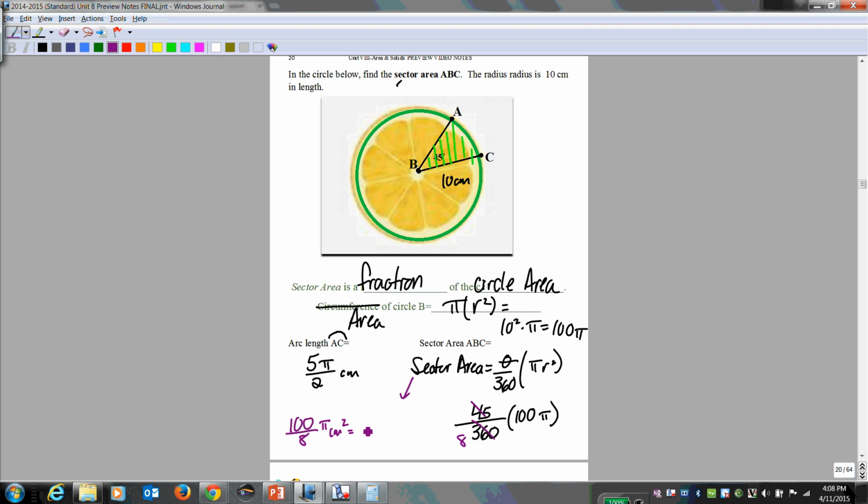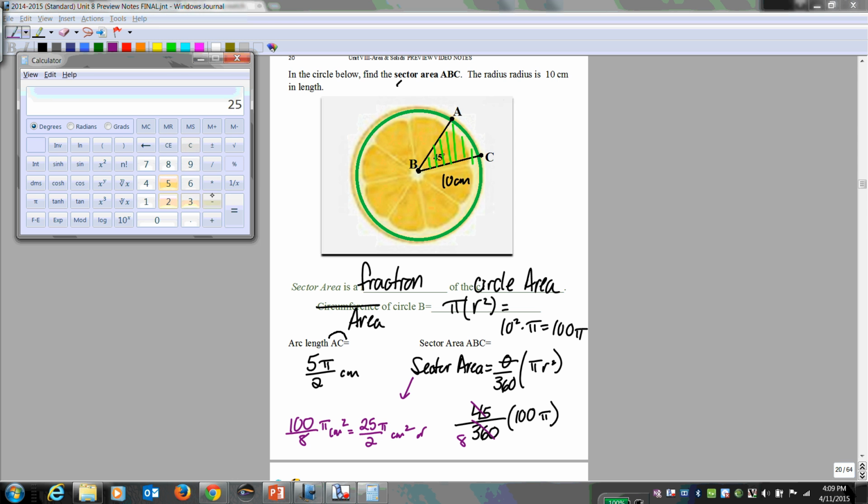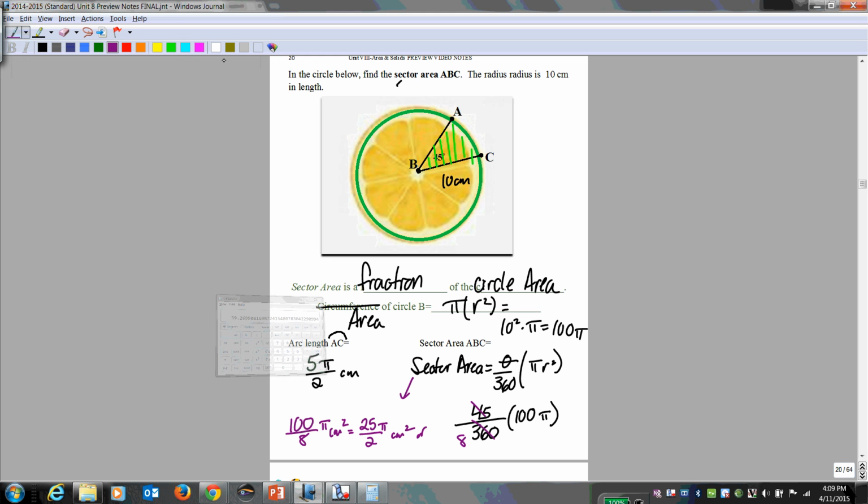Or reduced by 4, that's going to be 25 pi over 2 centimeters squared. Or I can show it as a fraction, 25 times pi divided by 2. Take it to the second decimal place, 39.27 centimeters squared. That's sector area.